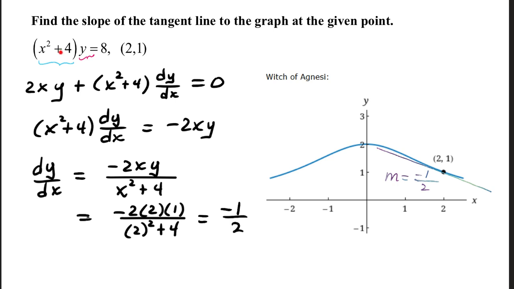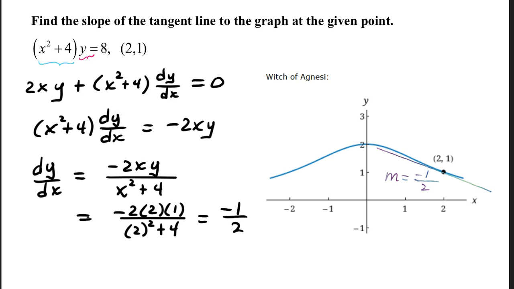x squared plus 4, I've got underlined in blue, y's in red. That's a product, so using the product rule, we have the derivative of the blue, that's 2x, times the red, plus the blue times the derivative of the red. The derivative of y is 1 dy dx.